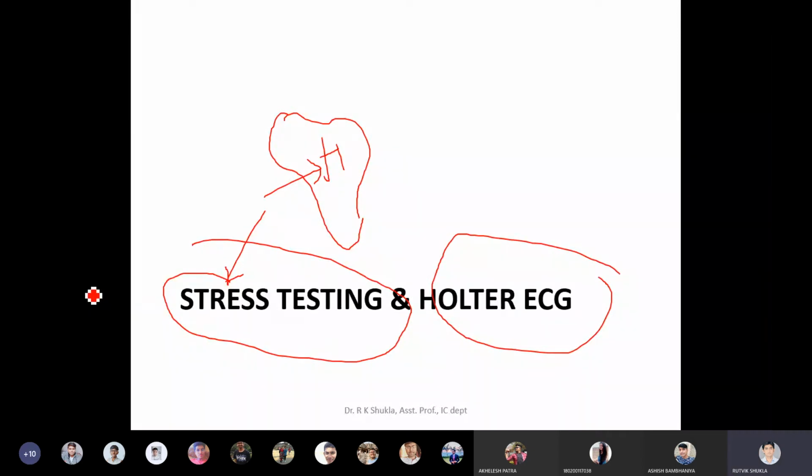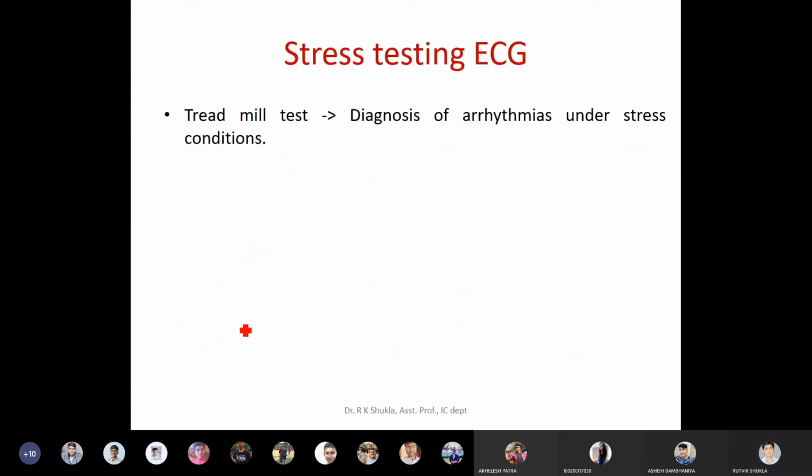But suddenly if they start to run, if they start to walk, if they start to climb, clear, under certain extremities, under certain condition changes, at that time their heart will start to behave in an abnormal way. Clear? So in order to diagnose this particular thing, they are using stress testing. So let's see what it is. And in this particular test, they are using a machine which is called TMT.